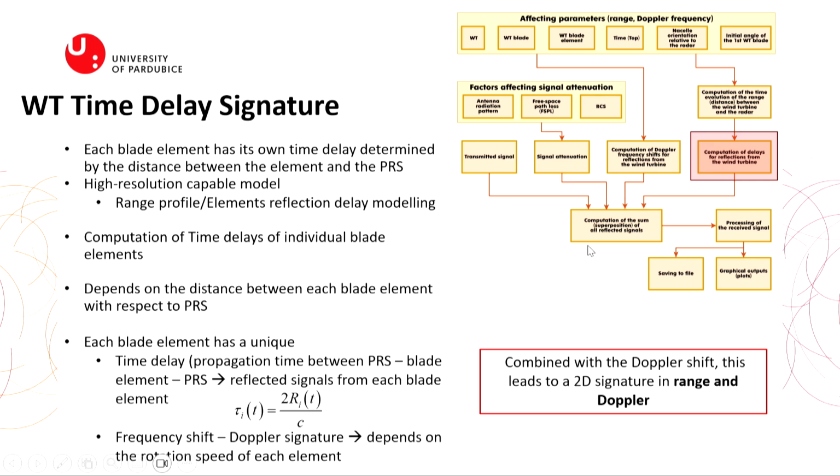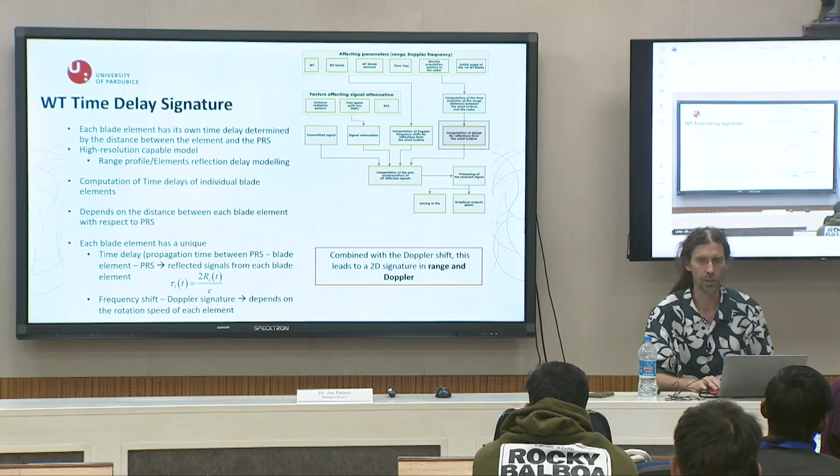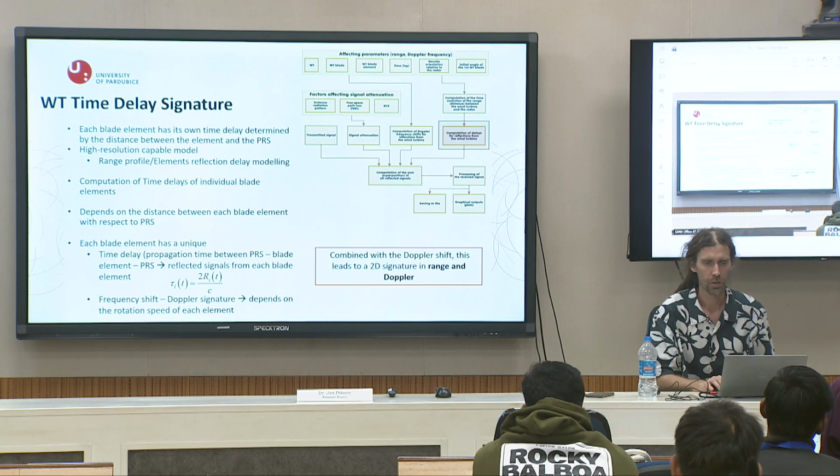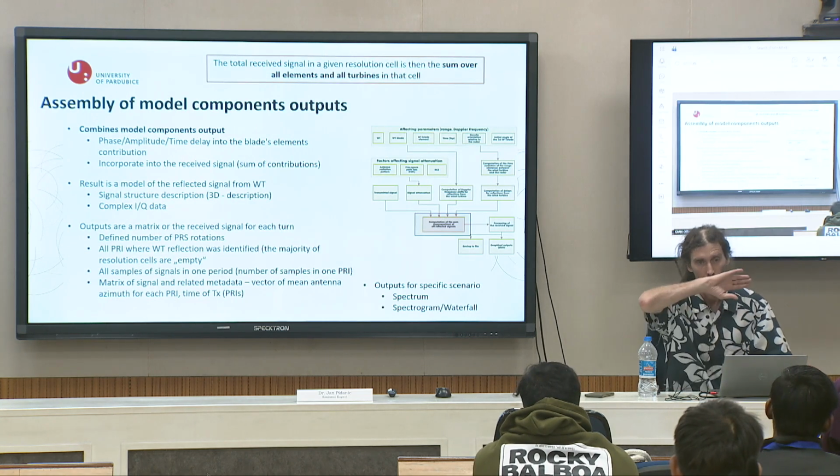Each blade element has a unique time delay and frequency shift. This must be clear. And then you make a summation. In combination with Doppler shift, this leads to a 2D signature in range and Doppler, and it is the result that I showed you already from the simulation, this sine wave and all these things. So, can I continue? I think yes.